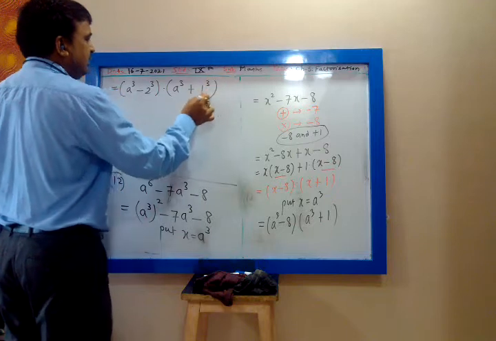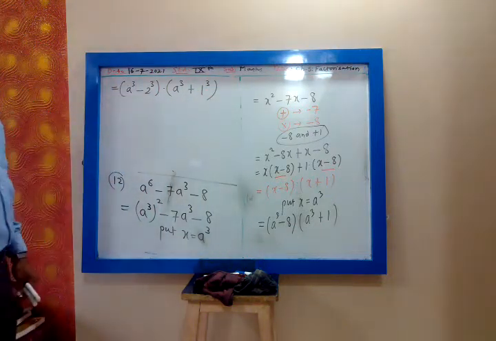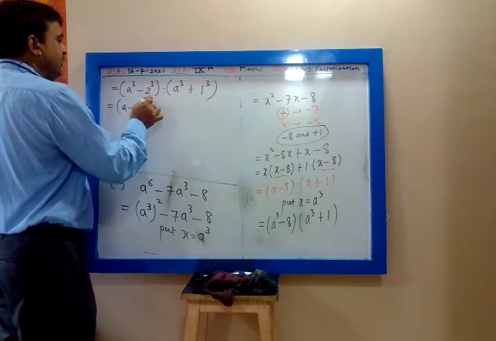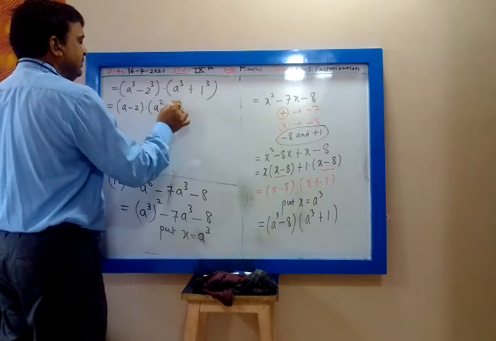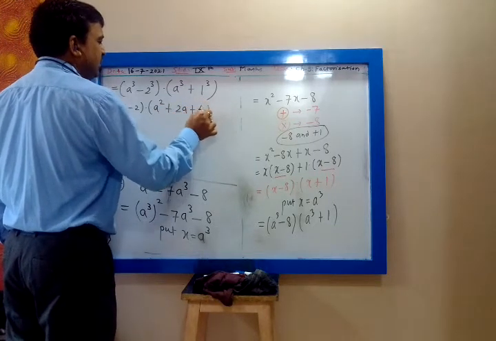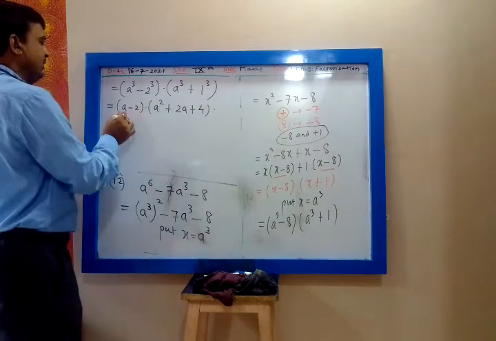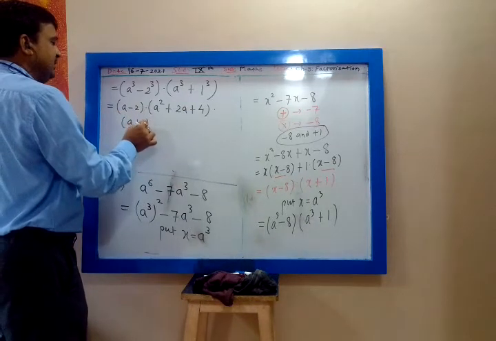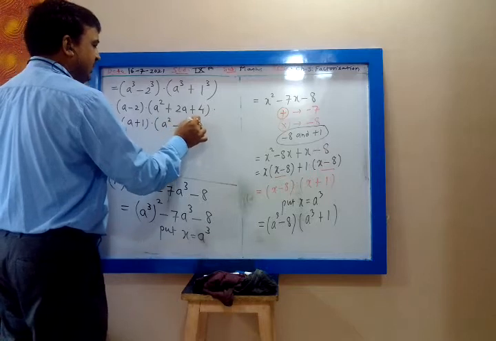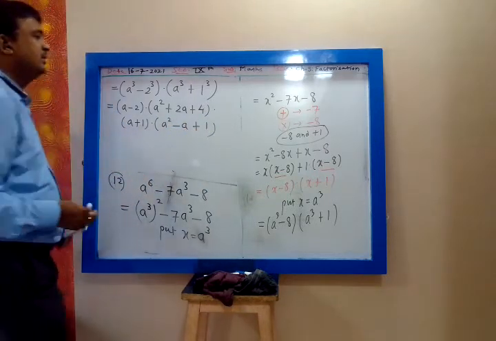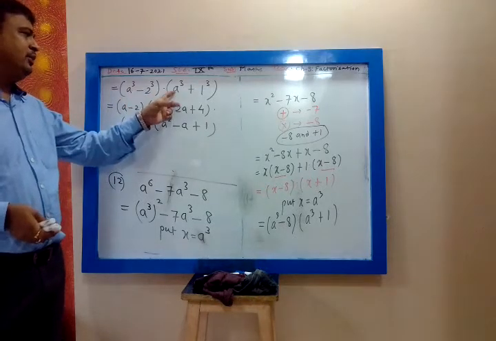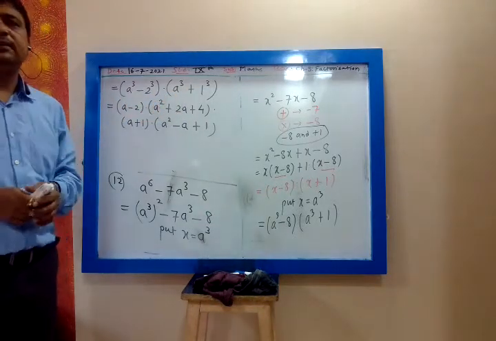Are you getting? Use the formula a cube minus b cube, that will be (a minus b) into (a square plus ab plus b square). That is 2 square, 4. Into a cube plus b cube, that will be (a plus b) into (a square minus ab plus b square), 1. Okay. a cube minus 2 cube and a cube plus 1 cube, you have to again simplify.